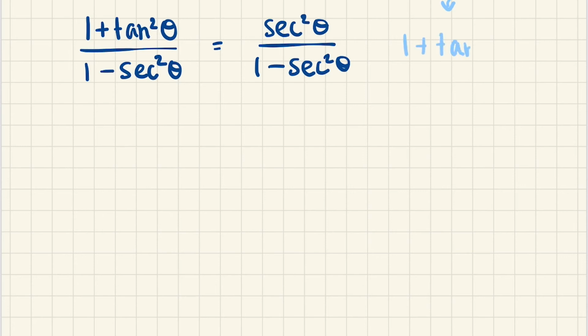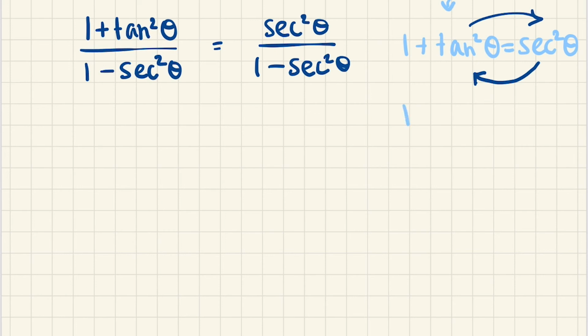So let's write it down again: 1 plus tan squared theta equals secant squared theta, right? And again, let's construct exactly what we have. What we have is 1 minus secant squared here. So we could get that by moving the secant squared over, which would give us 1 minus secant squared, and moving the tangent squared over.